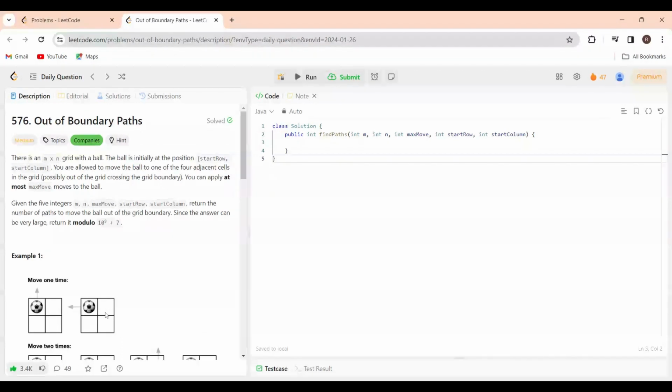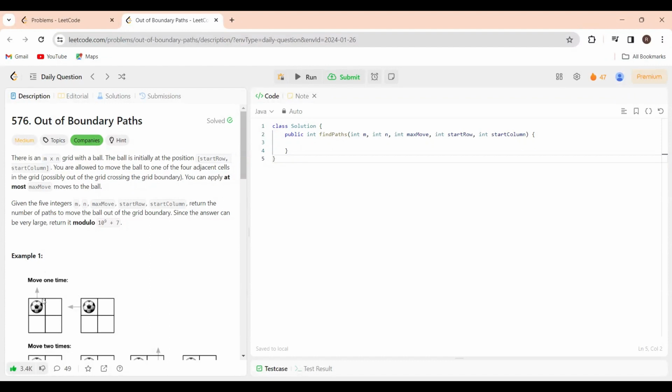We can go from the starting position to left, right, down, up. So we'll simply apply recursion here, and whenever we make a move, we will do max moves minus one, so that we don't exceed our max moves.